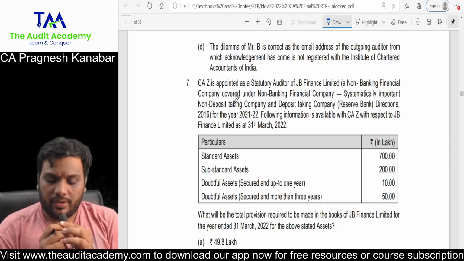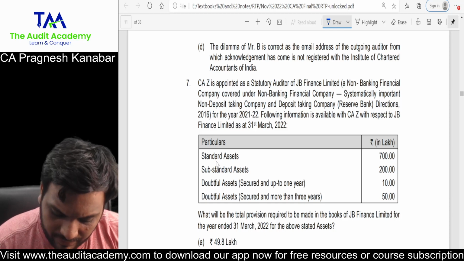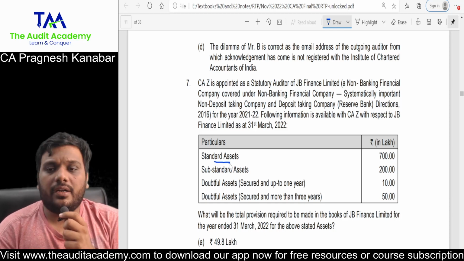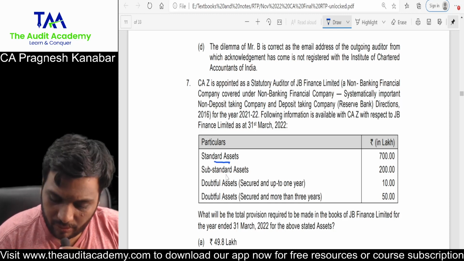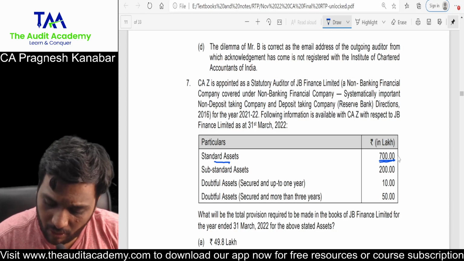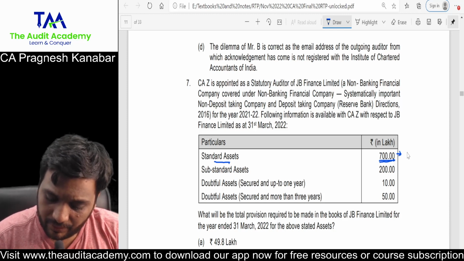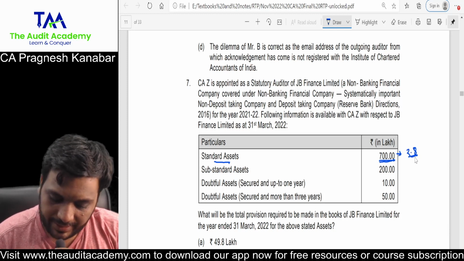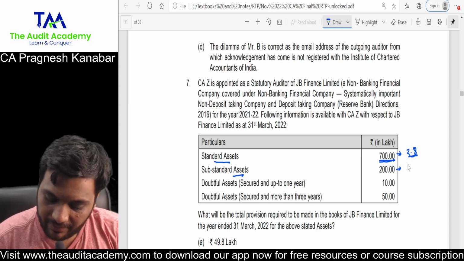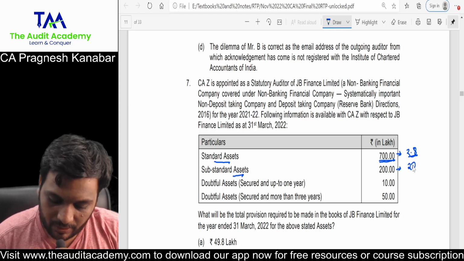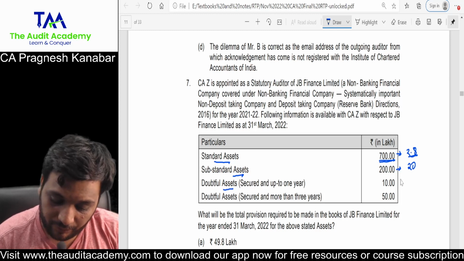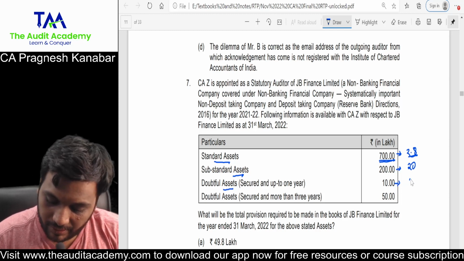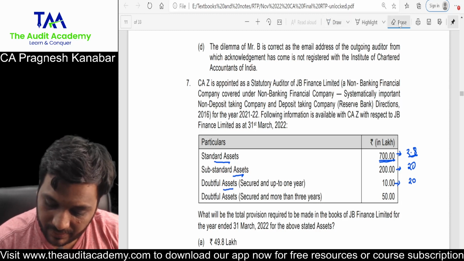So in case of NBFCs over here, standard asset will attract 0.4%. So 0.4% of this 700 lakh, you will come to 2.8 lakh. Substandard asset will have 10%, so that is 20 lakh over here. Doubtful secured up to 1 year will have another 20%, so 2 lakhs over here.